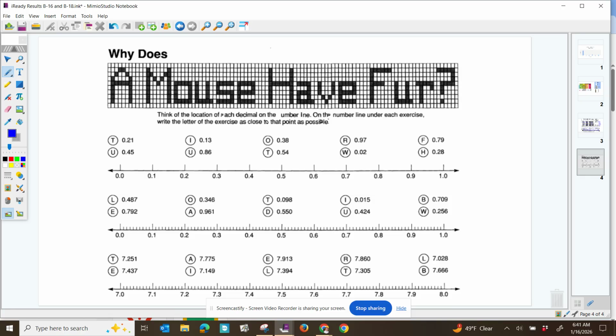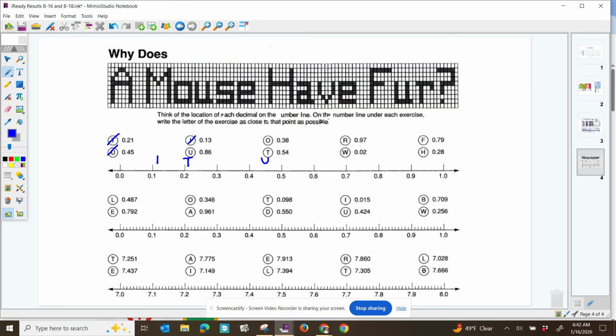And it shows at, so T is going to be 0.21. And so if this is 0.2, then T is going to be like right in here somewhere. U is at 0.45, so I've got a U there, checking them off as I go. I is at 0.13, that's going to be like right in here somewhere.